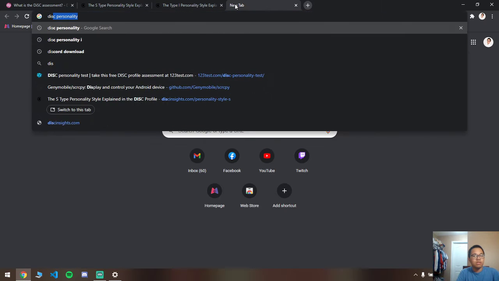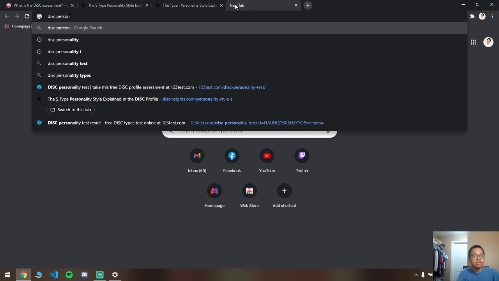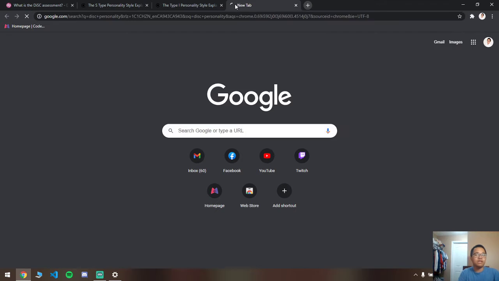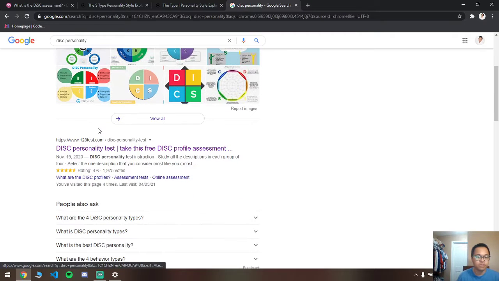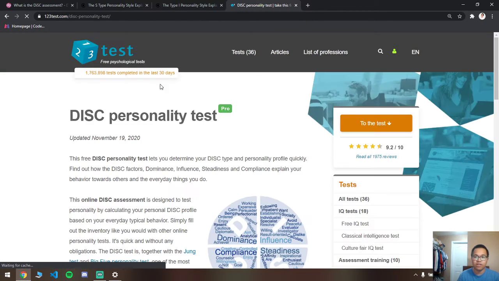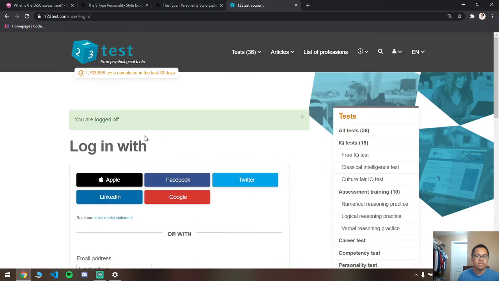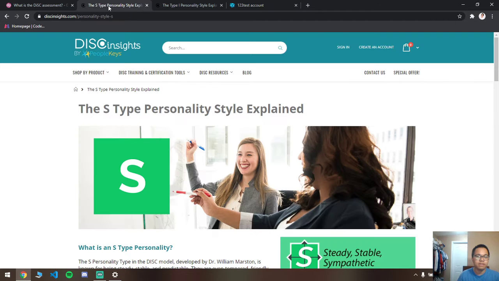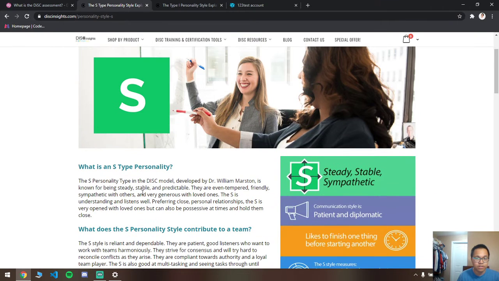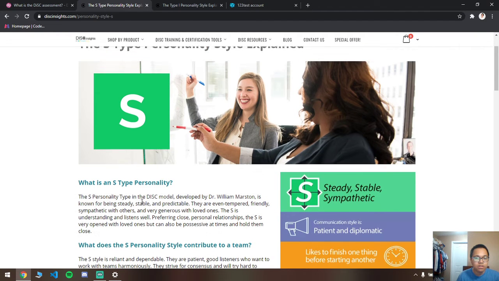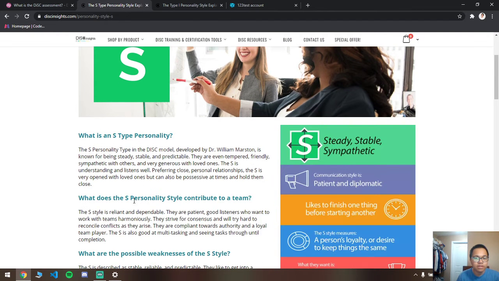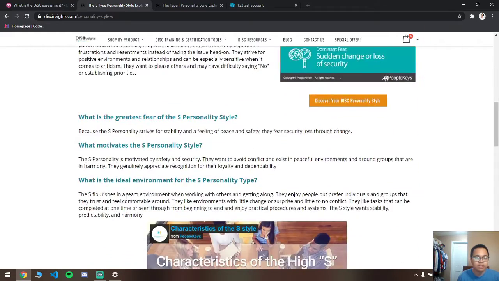Alright, so I did a test on this one, and it's the 1, 2, 3 test. And I did the test, and my main dominant trait is the S type, which stands for steadiness, I believe it is.